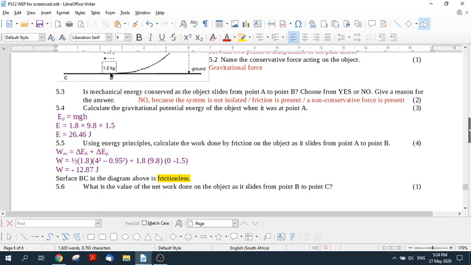So net work is the change in kinetic energy. The kinetic energy will not change if there's no friction. So there's going to be absolutely no net work done on here. So there will be 0 joules, no unit, no mark, 0 joules of net work done as this object slides from point B to C, because there are no non-conservative forces present.